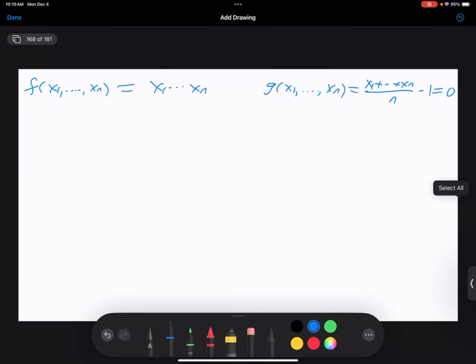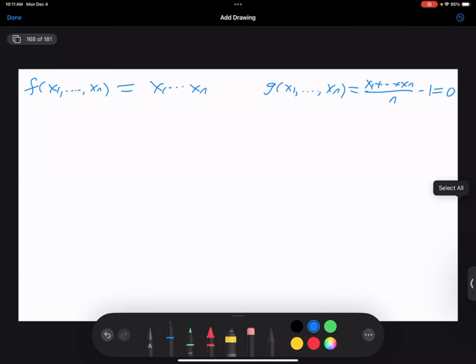Is that what we had in the arithmetic mean, geometric mean? It's the nth root. Do I care about taking the nth root? If I optimize this, I can just take the nth root in a moment, and this will make the algebra a little bit easier. Just like in calculus, if you're trying to minimize the distance from a point to a curve, you never look at the distance.